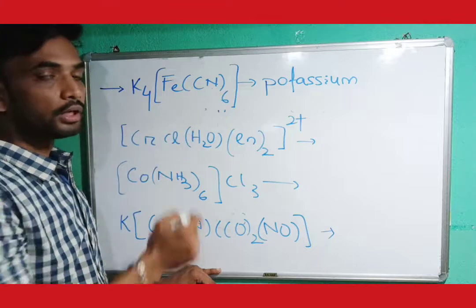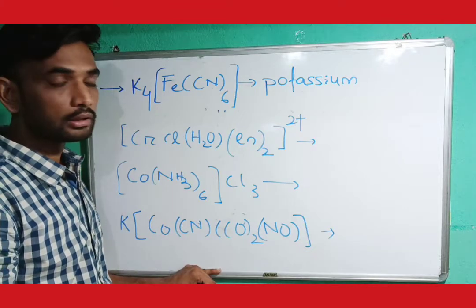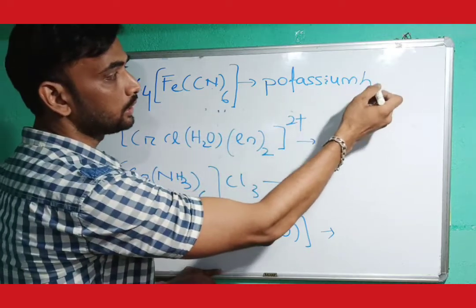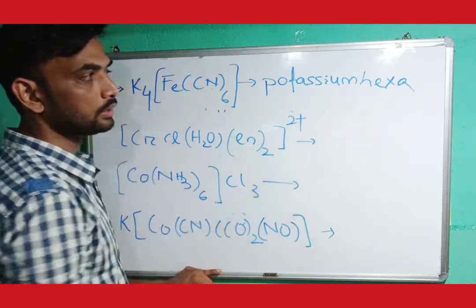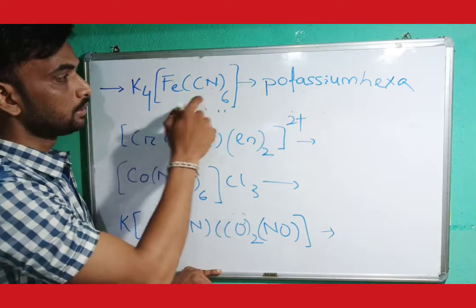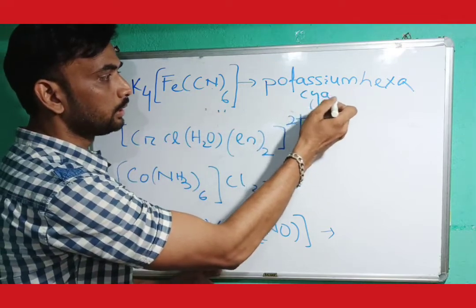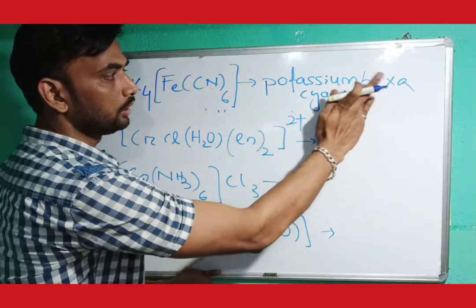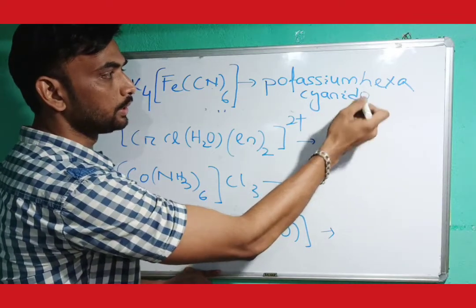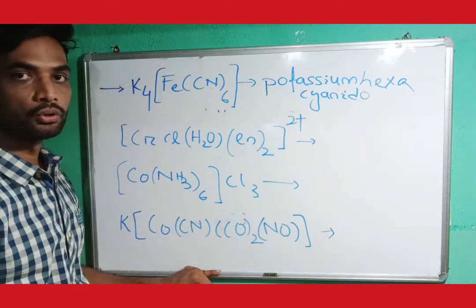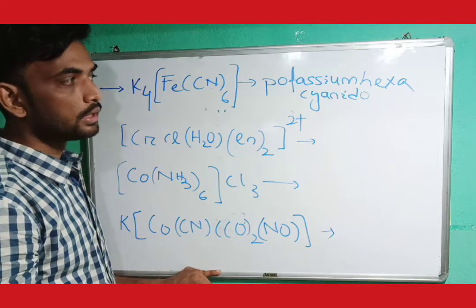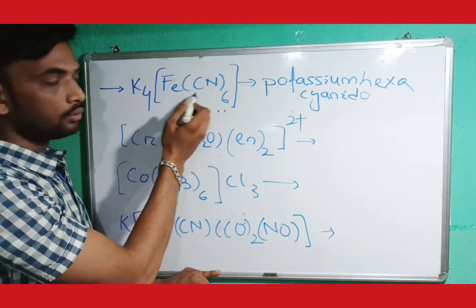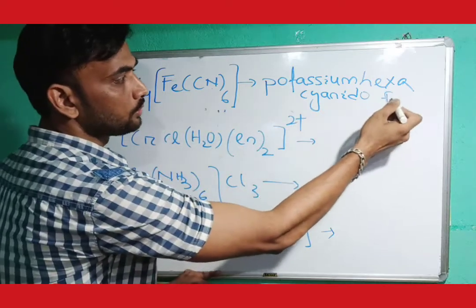This is monodentate, a negative ligand. So for 6 monodentate ligands we write hexa, potassium hexa. Cyanide is a negative ligand, so the last letter E is replaced by the letter O. It is simply written as cyanido. So potassium hexacyanido.